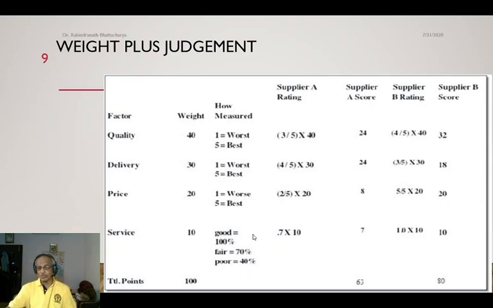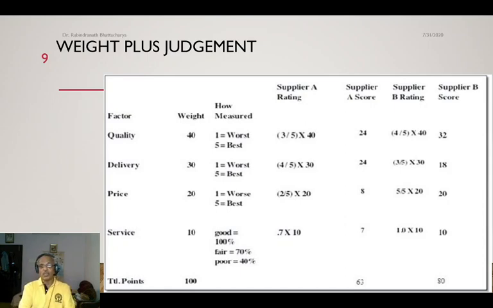For service, you are seeing that it's good. If it is good, we'll give 100%. If it is fair, we'll give 70%, and if it is poor, we'll give 40%. So the total score for supplier A comes to 63, and similarly for supplier B, it comes to 80. So here we have used weightage as well as judgment.